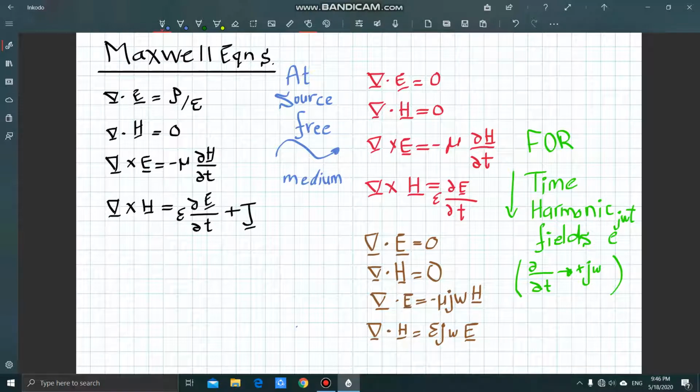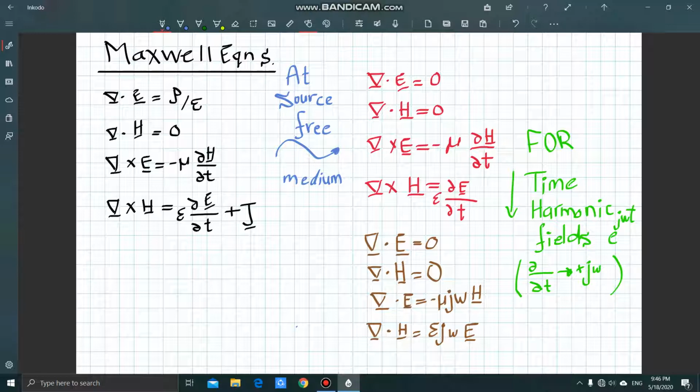The four Maxwell equations are known: div E equals rho over epsilon naught. Rho is the free charge density. Div H equals 0. Curl E is equal to negative the permeability multiplied by the partial derivative of H with respect to time.